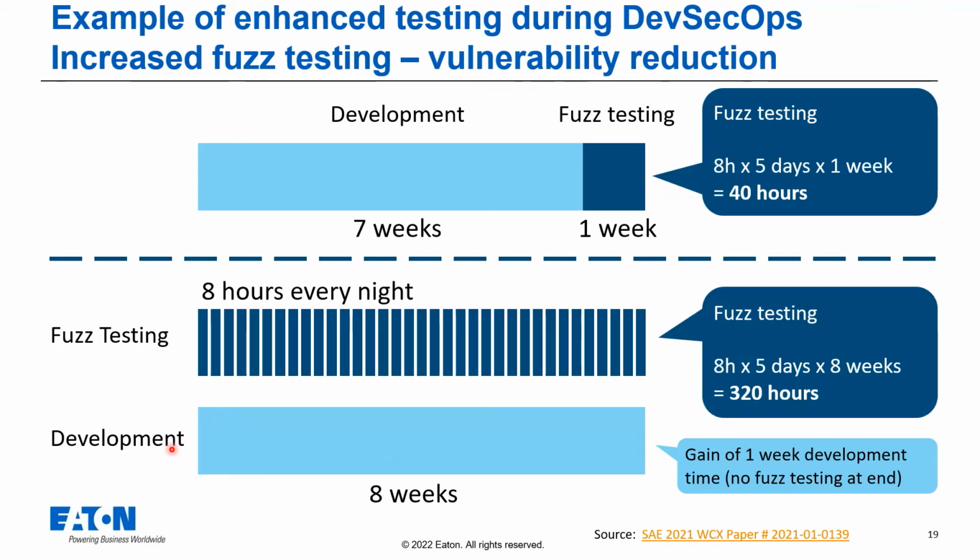This shift, this region of the world is developing code. This shift, then there's maybe 8 hours every night where nobody's writing code or developing. So you could leverage that, for example, and every night you could do 8 hours of fuzz testing. So you're able to do a significant amount of fuzz testing, much more than doing it all at the end, leveraging that time. So you've actually gained a week of development time because you've been doing that fuzz testing and the other testing throughout the life cycle. So that's very important.